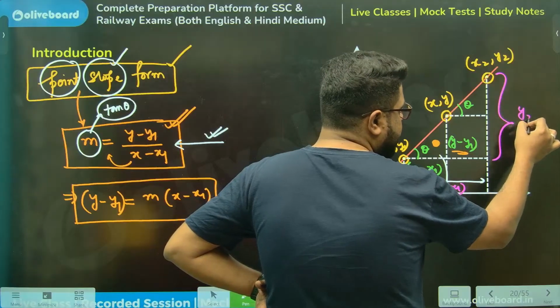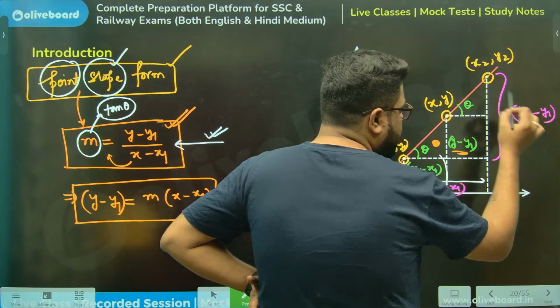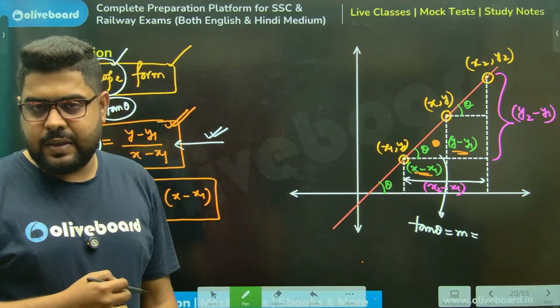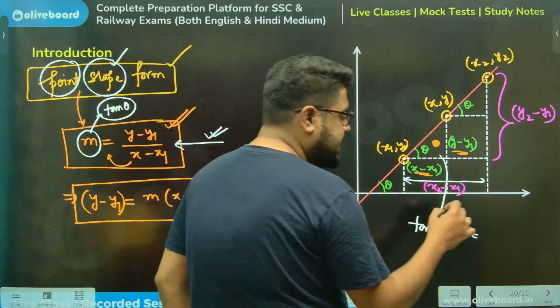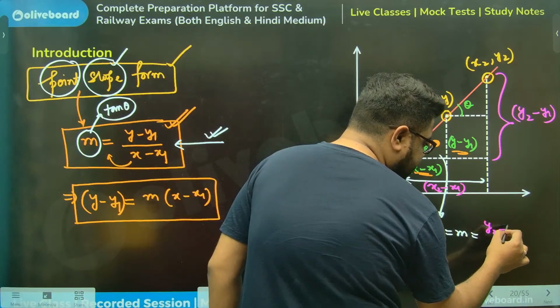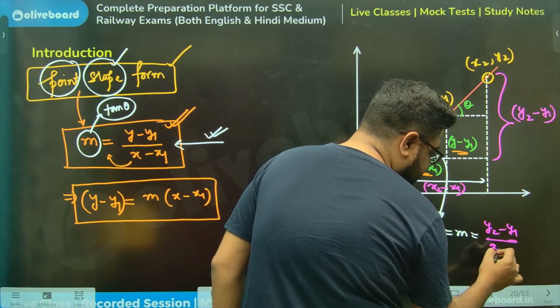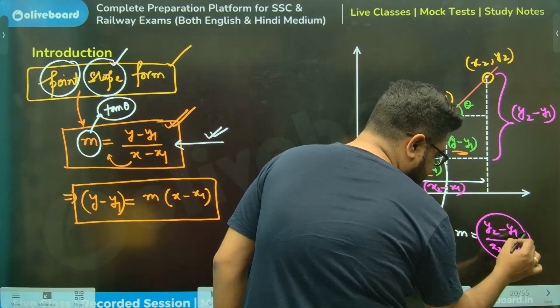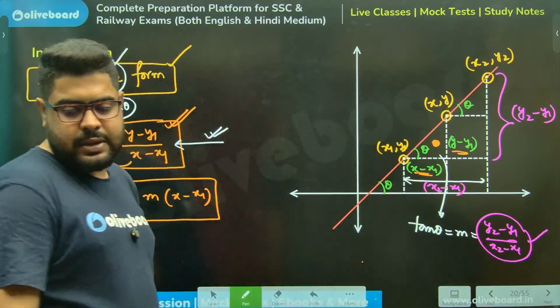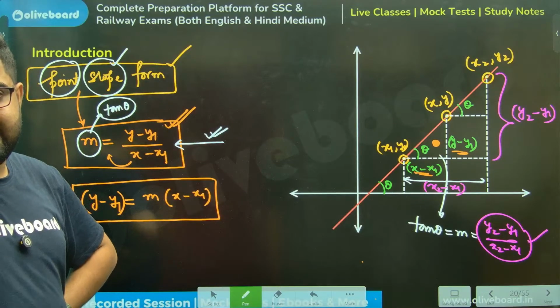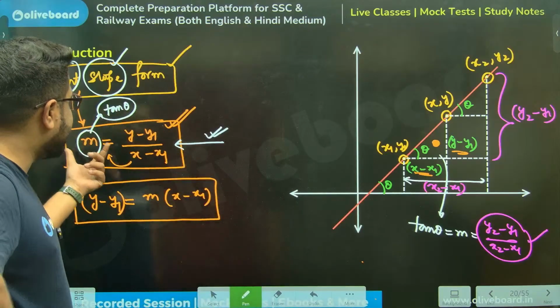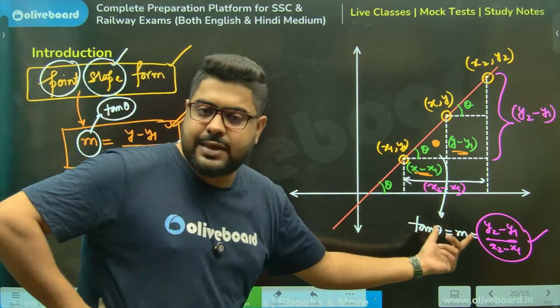Can I say y2 minus y1? Now, if you do it like this, this will be y2 minus y1 by x2 minus x1, right? Now, please understand, this is also tan theta, this is also tan theta.